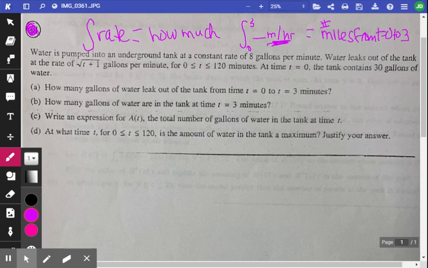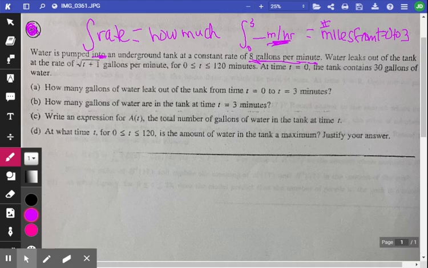Here we go. Water is pumped into an underground tank at a constant rate of 8 gallons per minute. So I know if I integrated 8, I would get how many gallons from one time to another.